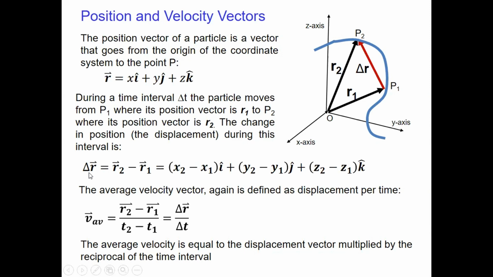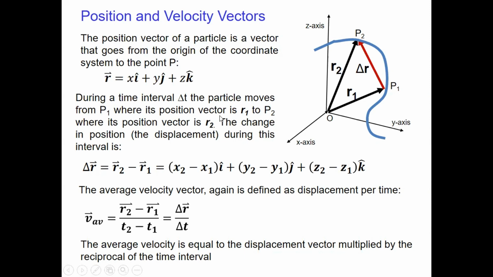Let's write down delta R equal to R2 minus R1, and in the component form x2 minus x1 times i unit vector plus y2 minus y1 j unit vector, and z2 minus z1 k unit vector.